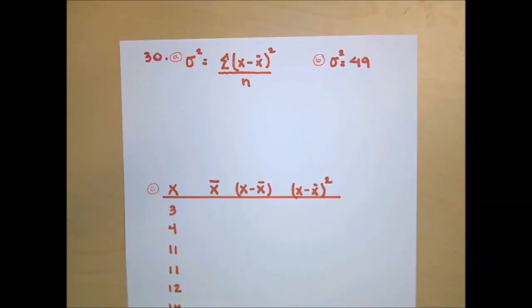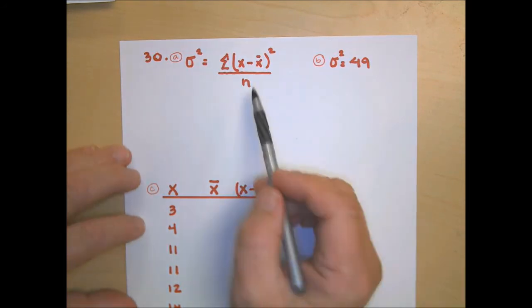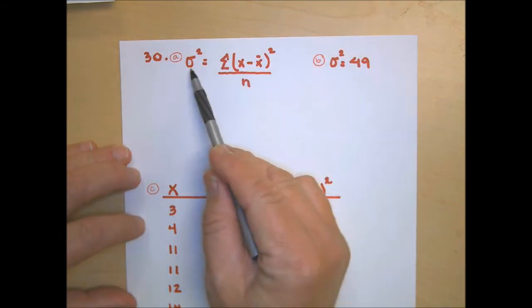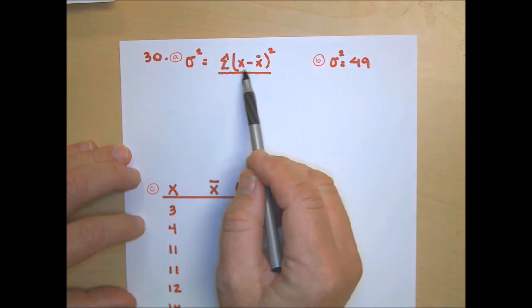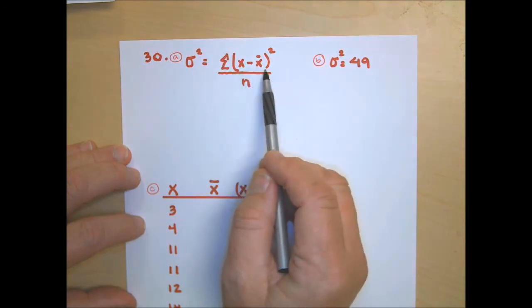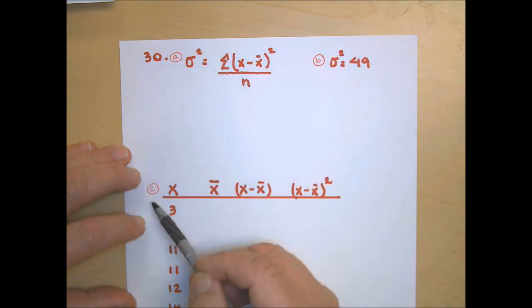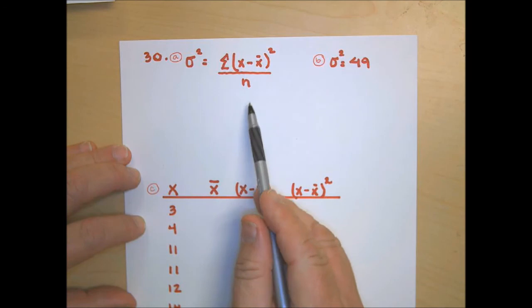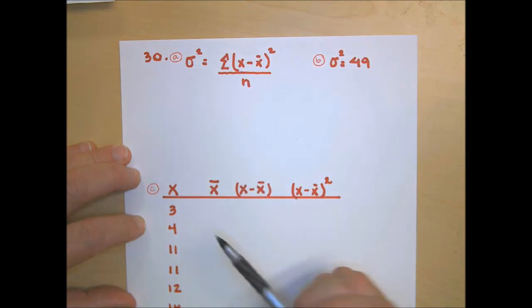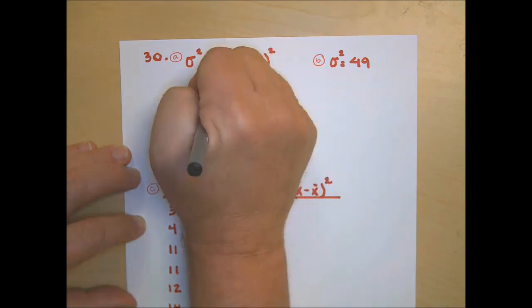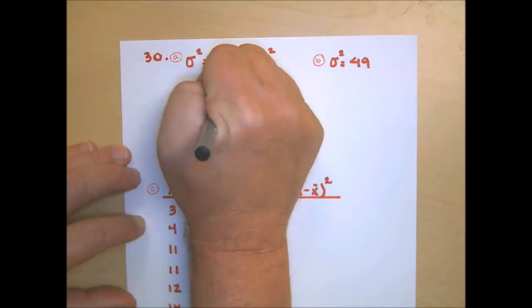Problem number 30 asks us to find the standard deviation in 3 different ways. Now, the first one is using the formula. Variance equals the summation of x minus x bar squared, divided by n. So if you did the chart, which we're going to have to do down here, this would be the sum of the last column. And they gave us that. They gave us the fact that the sum of the last column was 88. So all we're going to do is substitute.